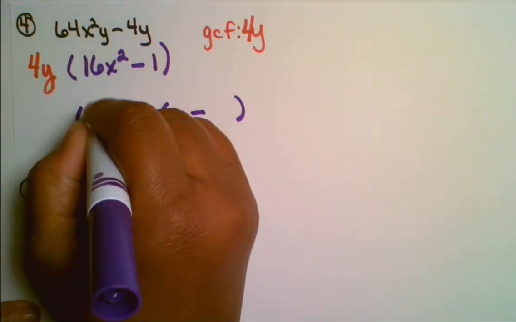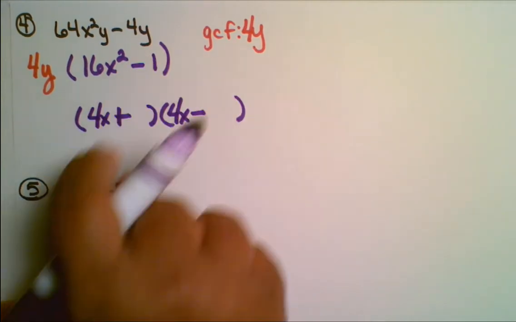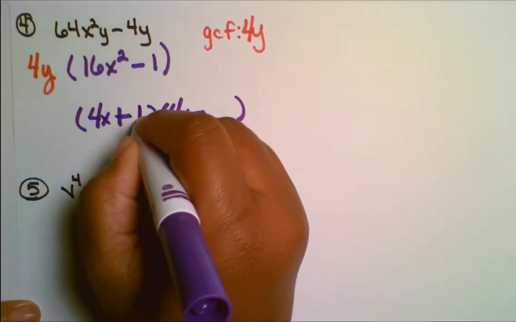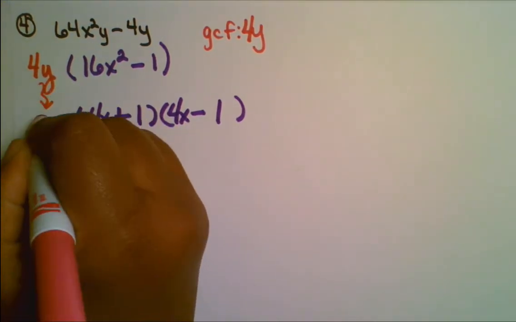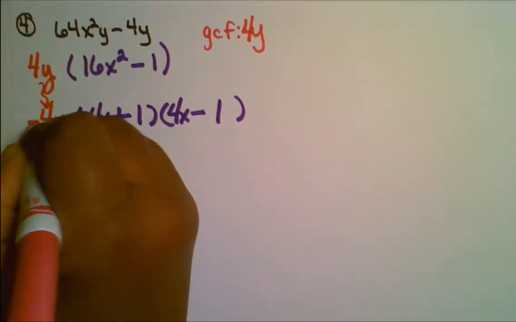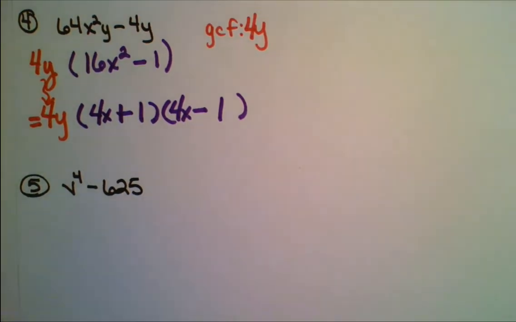We have 4x, 4x. Break down 1 for the last terms. We have 1 and 1. And don't forget about the 4y that was factored out at the beginning. And that's our answer. 4y times 4x plus 1 times 4x minus 1.